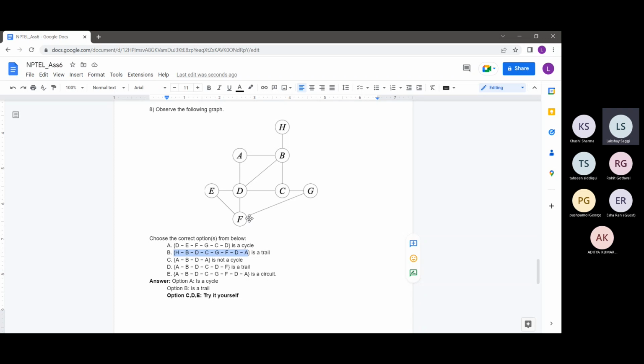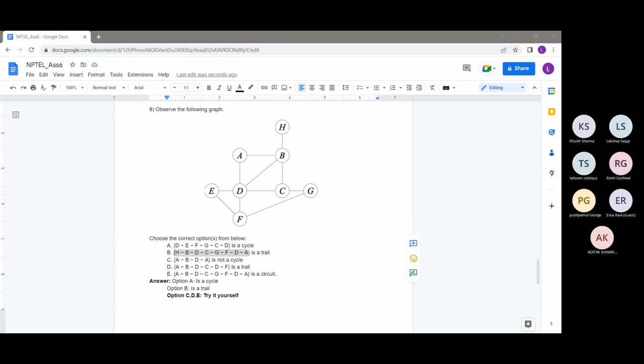I don't think this is an issue. In the definition of a trail, it can also contain a cycle. The only requirement for being a trail is that every edge should be covered only once. No edge should be covered twice. This is the only definition for a trail.